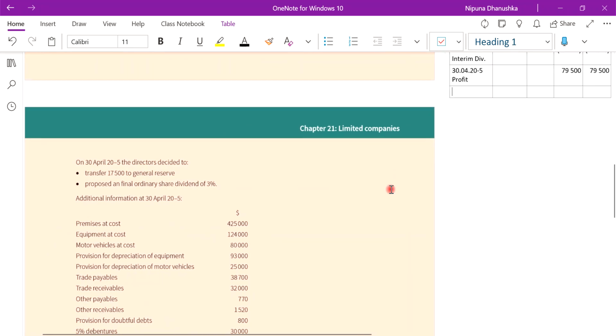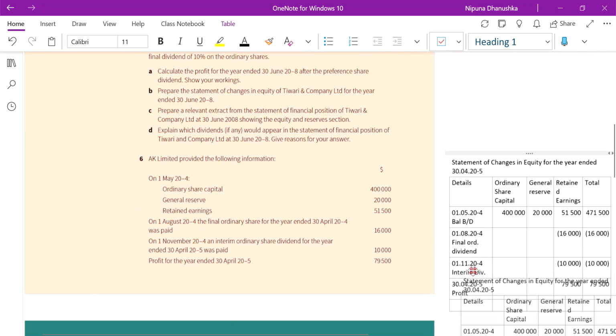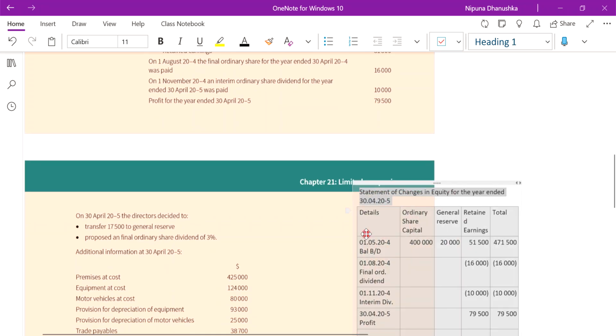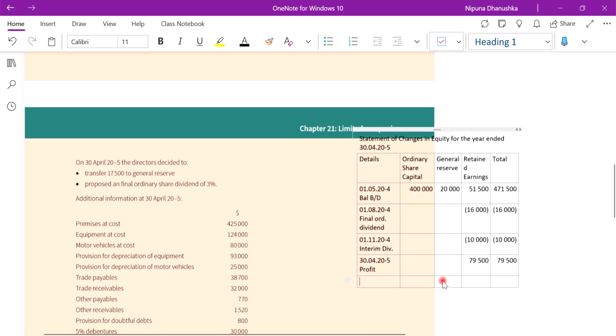Then let's take a look at the rest. Scrolling down, I will bring it over here. So what did they have to tell us? On 30th of April, these were the transfers to the general reserve, 17,500, and then again 1,500.